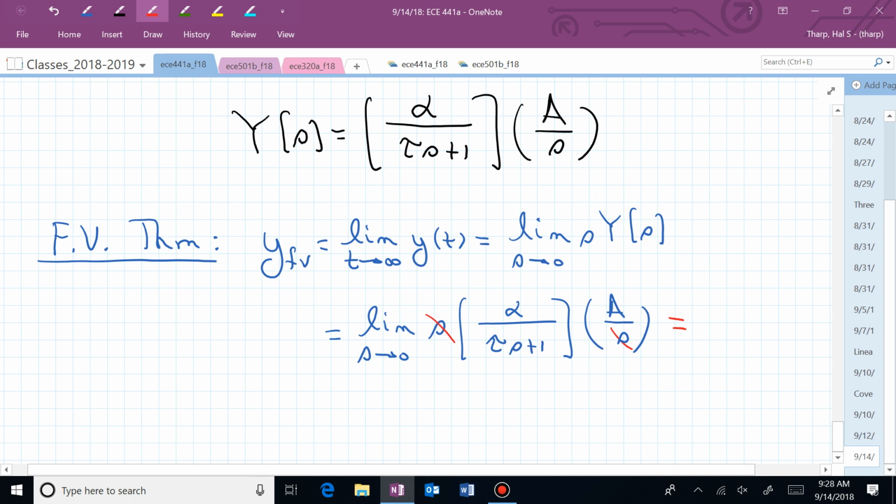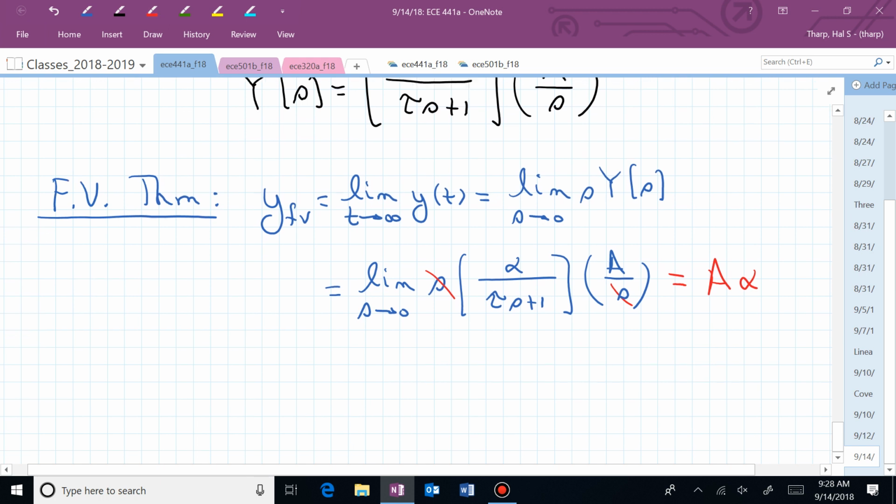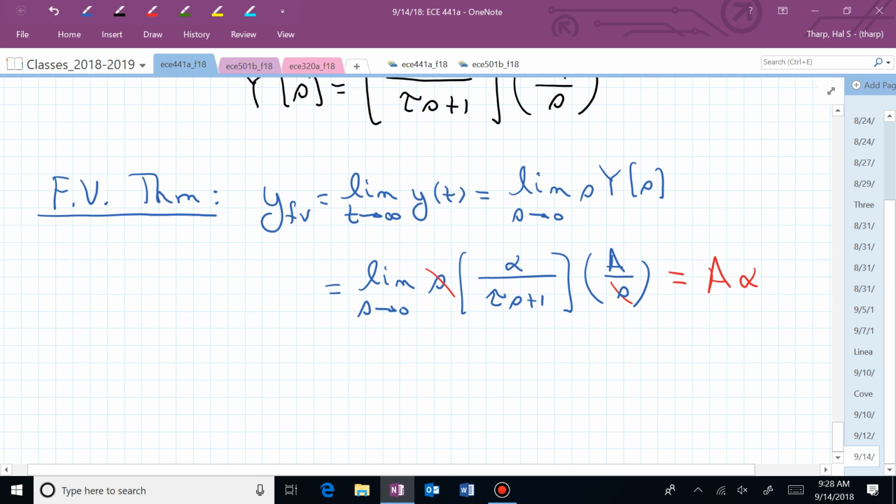Is the denominator well behaved as we let s go to 0? Yes, we just have it going to 1, and what's left is A times alpha. And that's equal to y final value, or if we called it A1 before, that's equal to A1, our final value of this first order trajectory. Question?